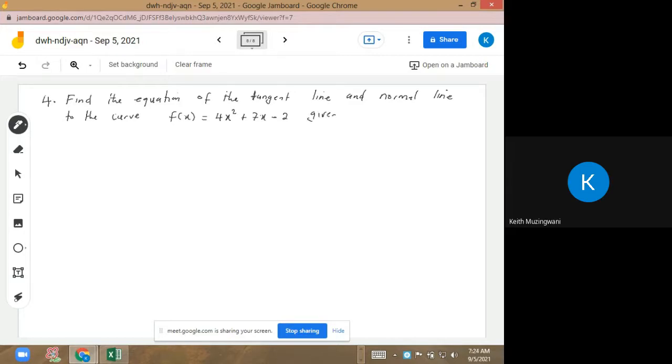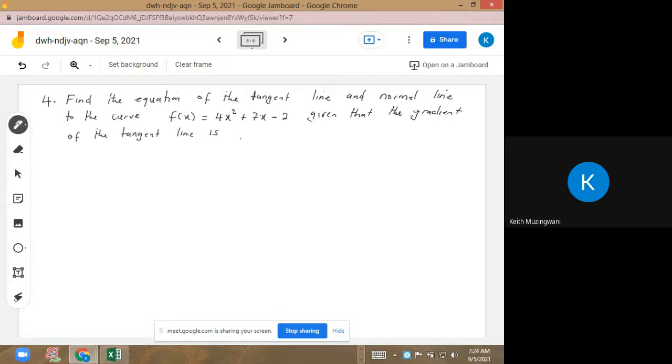Given that the gradient of the tangent line is, what should we say equal to?